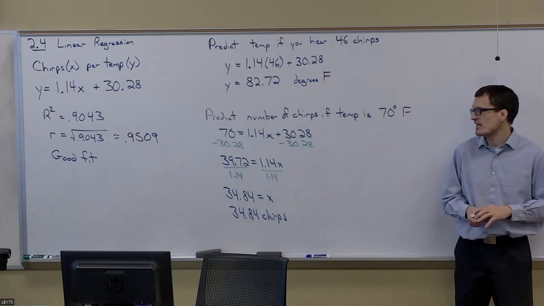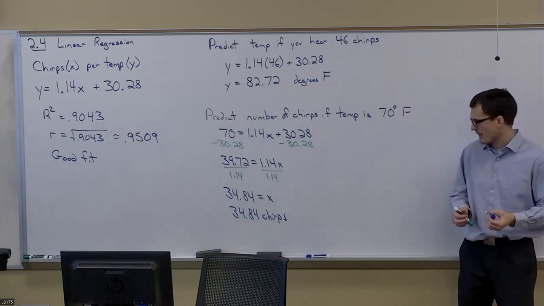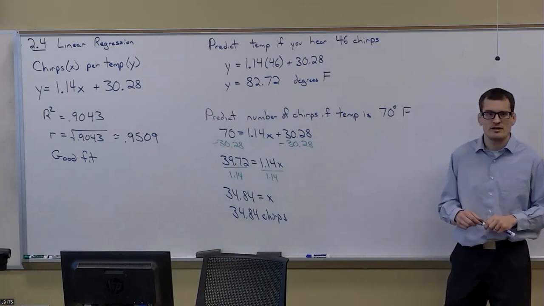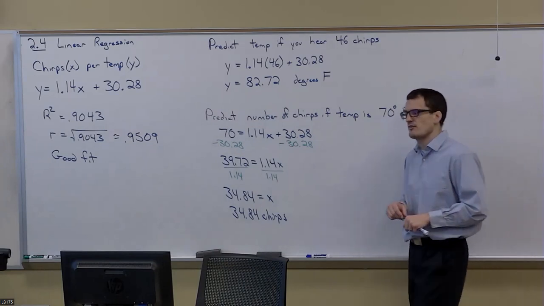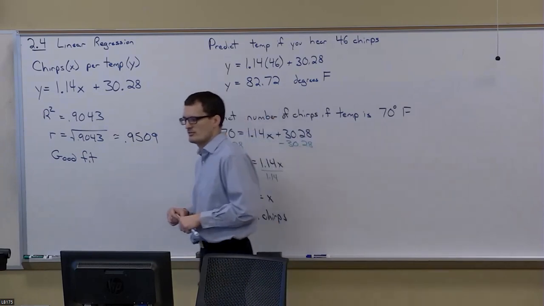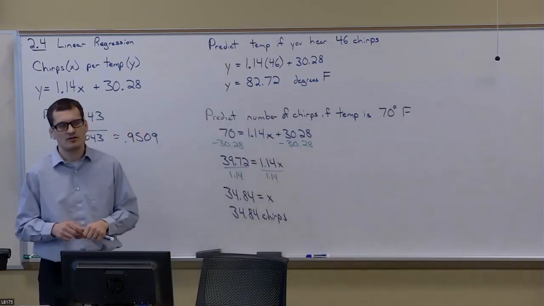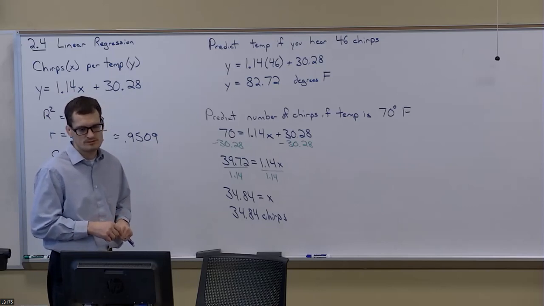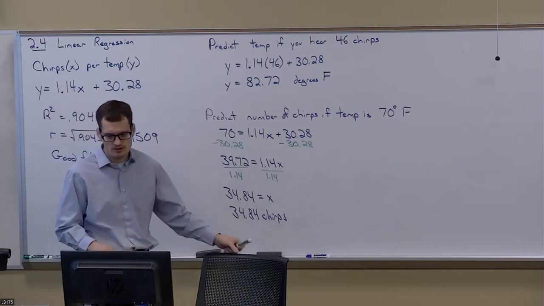The positive or negative sign just indicates whether the slope of the line is going up or down.